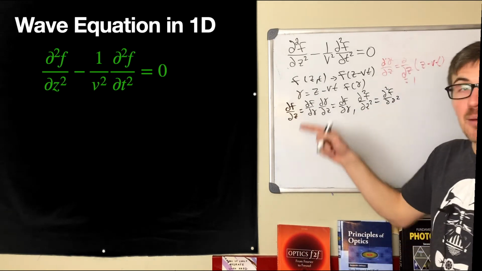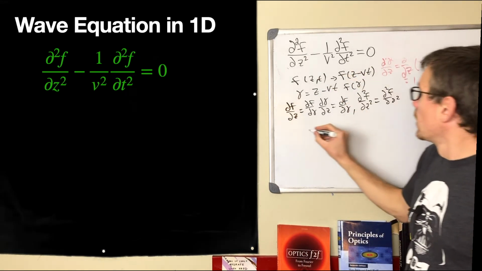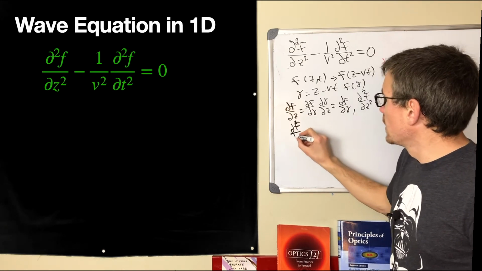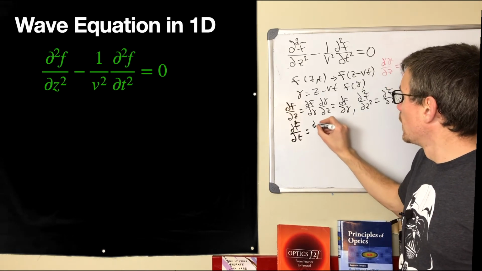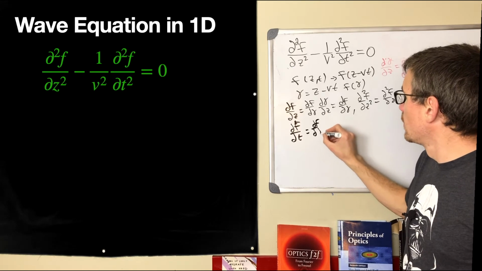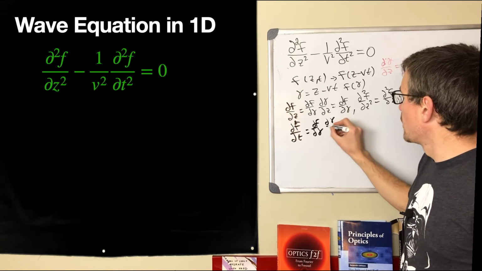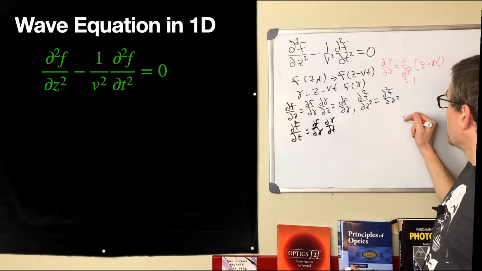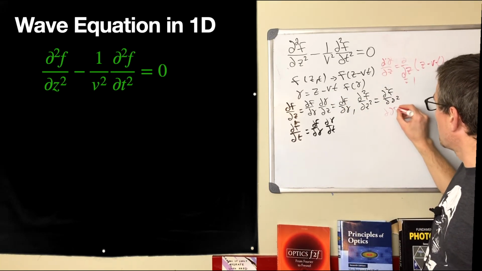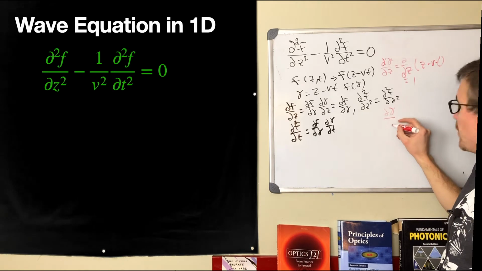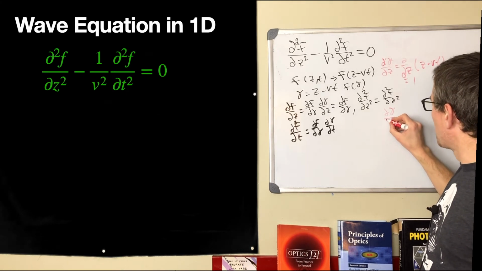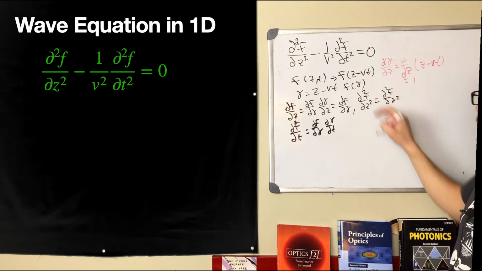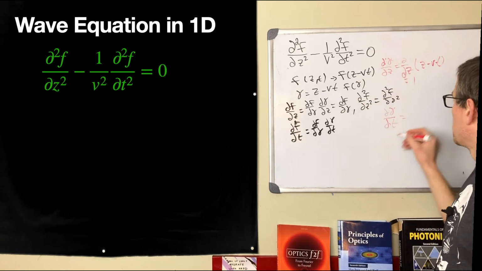Easy enough. How about the other variable? Let's look at df by dt. df by dt is equal to df by d gamma times d gamma by dt. And d gamma by dt is a bit more interesting. d gamma by dt is equal to negative v. Negative v, that's it.